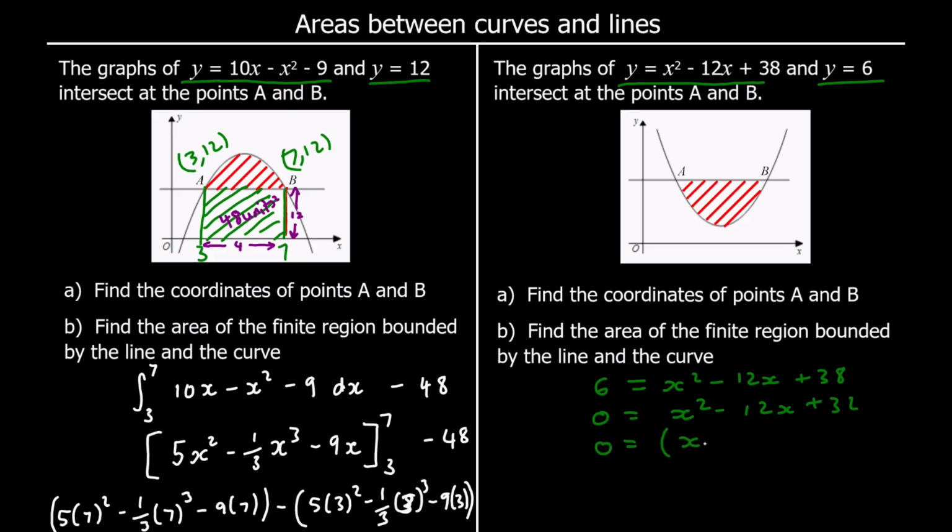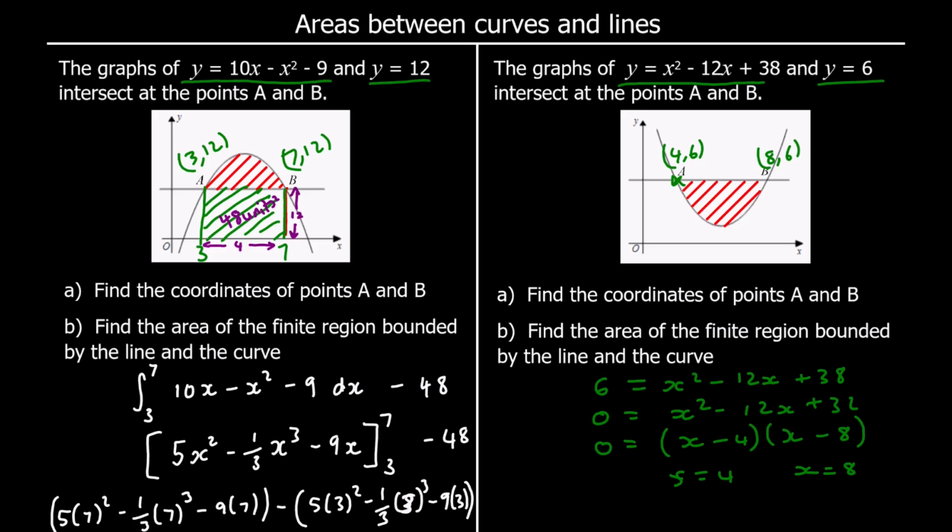So we've got x minus 4 times x minus 8. So x is equal to 4 and x is equal to 8. And the line's y equals 6, so the y coordinates are both 6. So we've got (4, 6) and (8, 6).